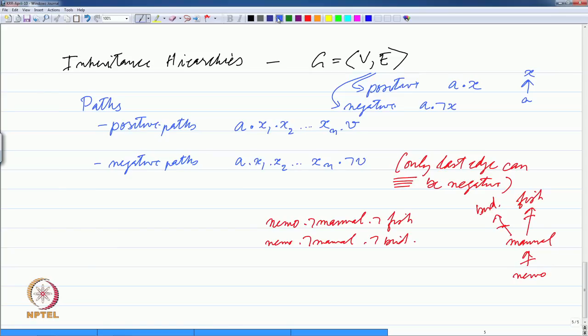So, we say that a path supports a conclusion.